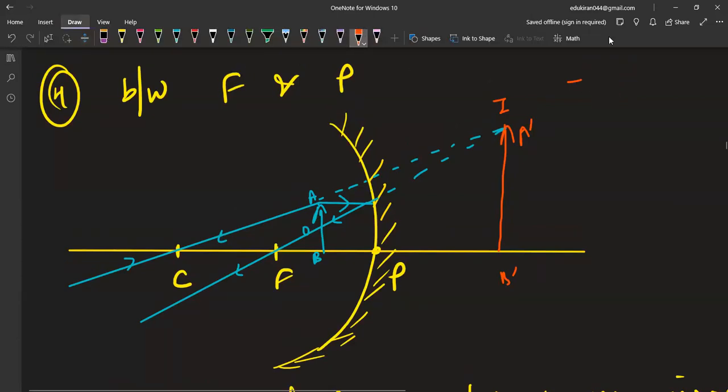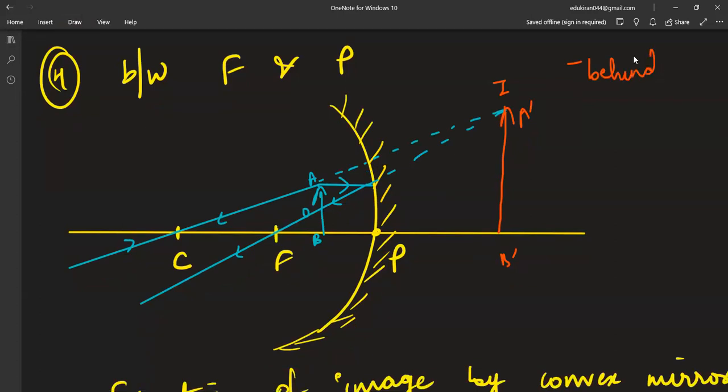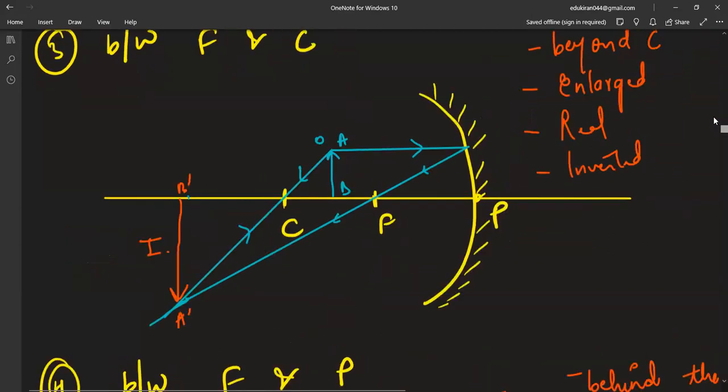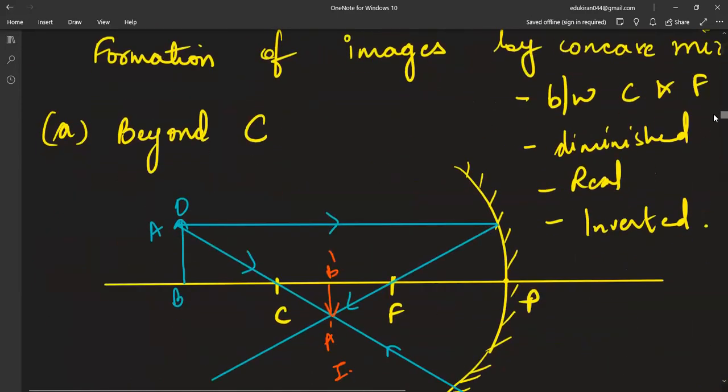It's enlarged. This is not inverted, this is erect, straight. Till now, we didn't obtain this case. Also, this is not a proper real image. This is virtual. So virtual and erect image in this case. These are the 4 cases. Write down wherever you are having doubts and let me know the point. Just mention the number, 1, 2, 3, 4. I'll discuss it.